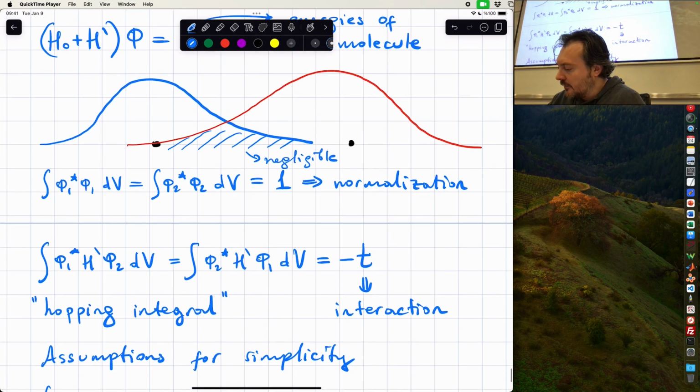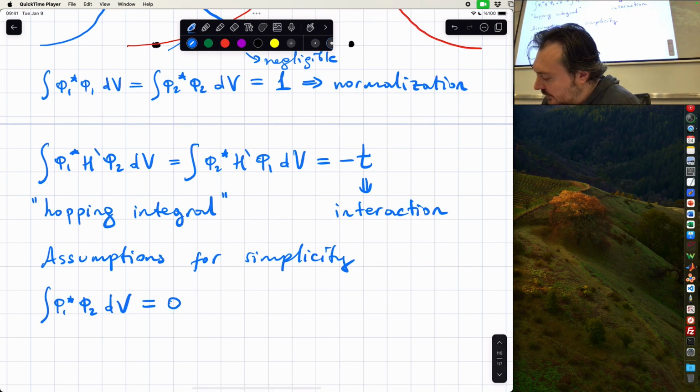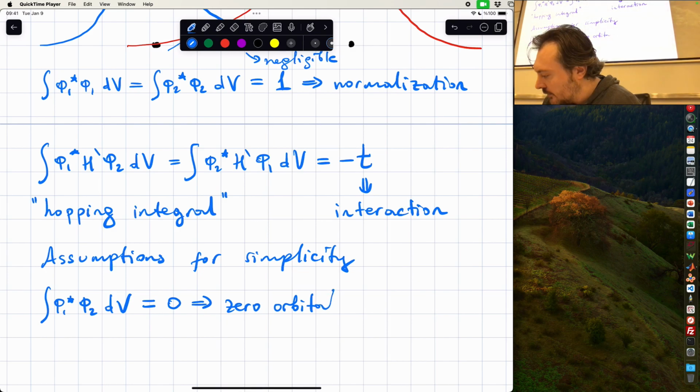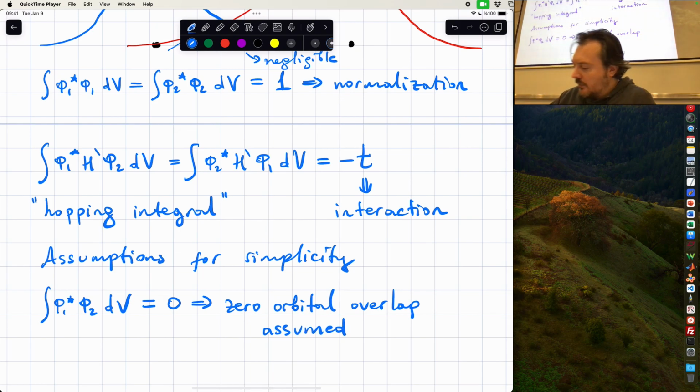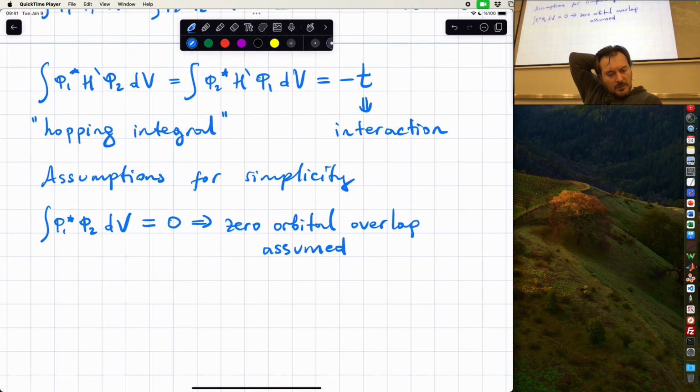So orbital overlap is going to be set to 0. Zero orbital overlap assumed.